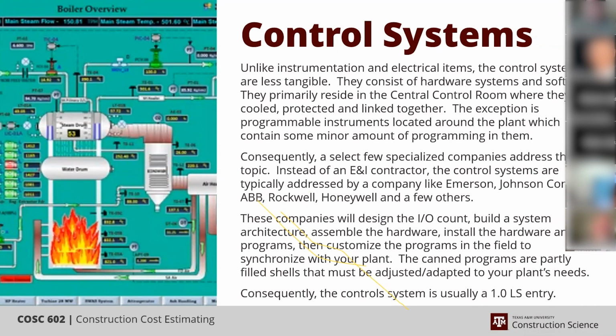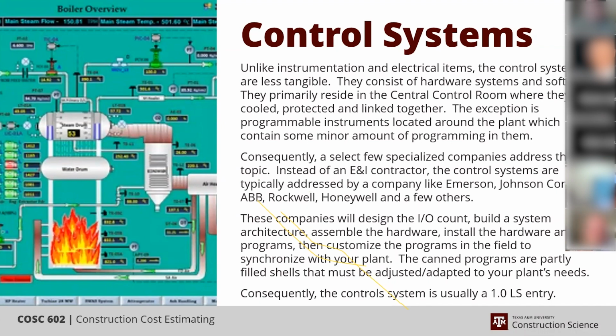Some examples of who those people are: Emerson, Johnson Controls, ABB, Rockwell, Honeywell, and a few others. Those are the bigger names. They will take all the instrument information. The instruments are designed by the EPC company, or the E company if they're not an EPC.